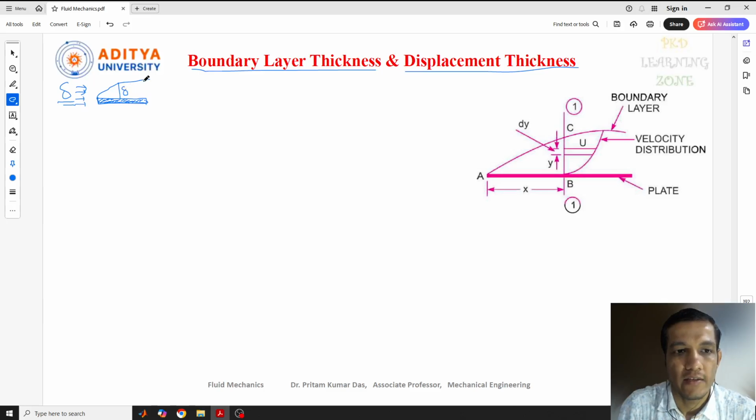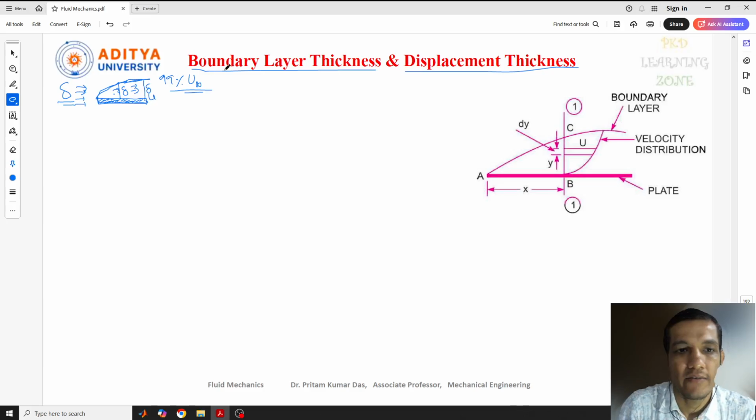If I consider this distance, then this distance is also called a boundary layer thickness. That means inside this, all these velocities are local velocities, as I told you in the previous lecture. At this layer, the fluid velocity will be 99% equal to the free stream velocity, u or u infinity. So this distance, from the surface to this layer, is called delta.